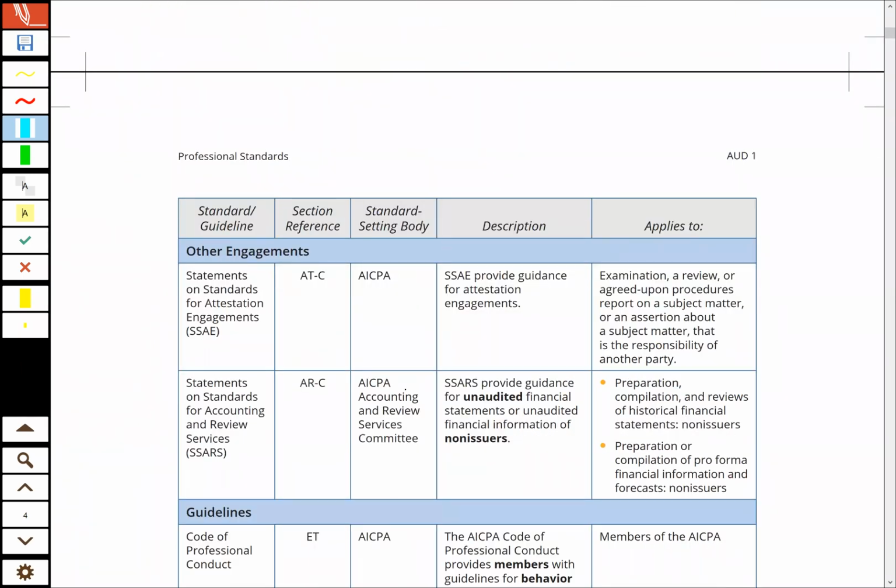Okay. We'll talk about attestation standards a little bit later. Attestation standards come up when we are doing an examination of something other than the historical financial statements. So auditors can give attestation on things that don't necessarily relate to the financial statements.